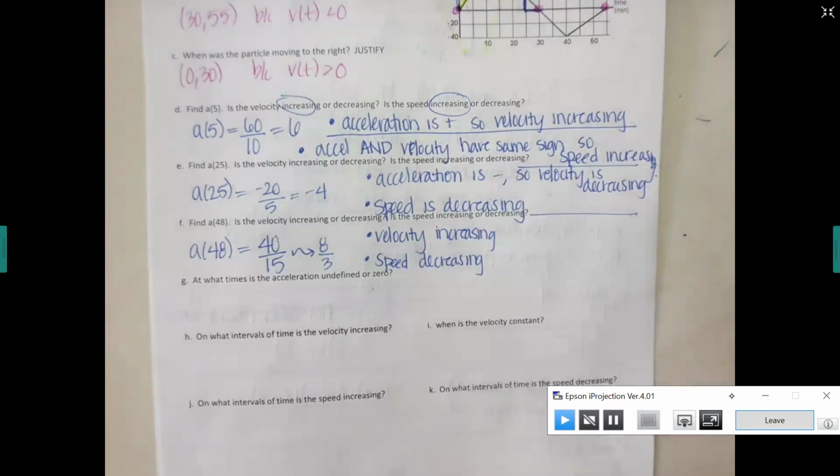They're increasing, right? From negative 20 to negative 15, that's an increase. Is it also slowing down? Yes. So you have to be careful: if my acceleration is positive but my velocities are negative, then your speed is decreasing, even though your velocities are increasing.